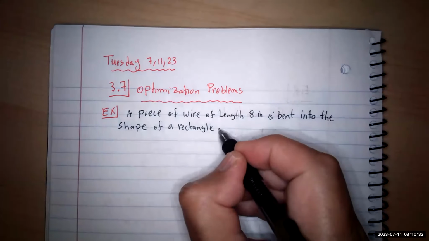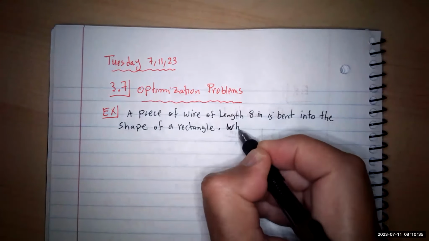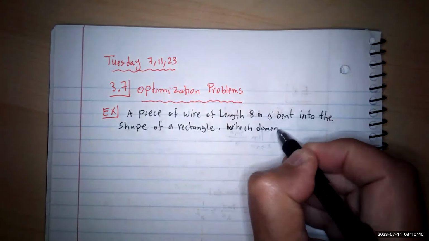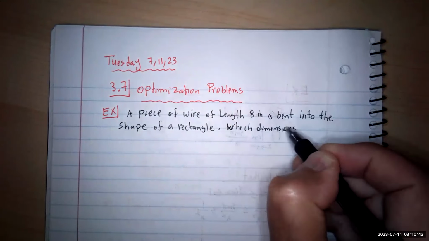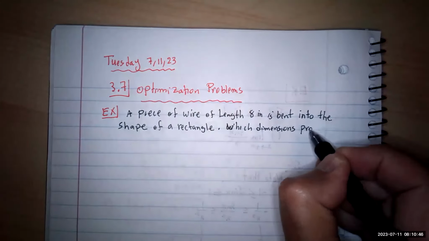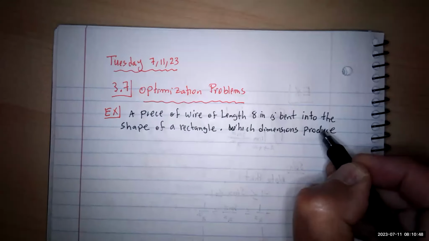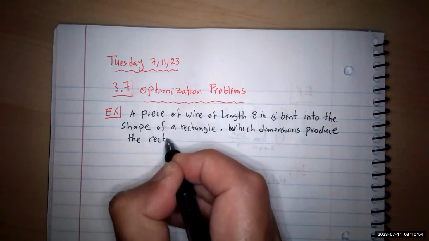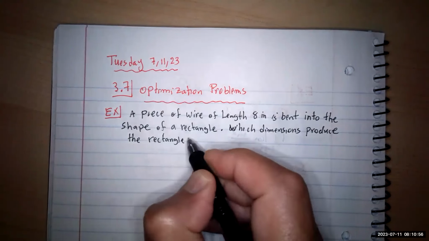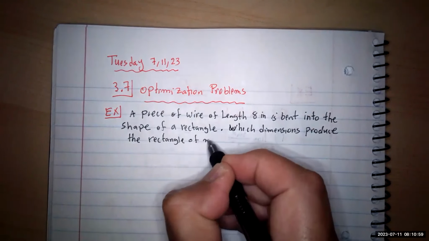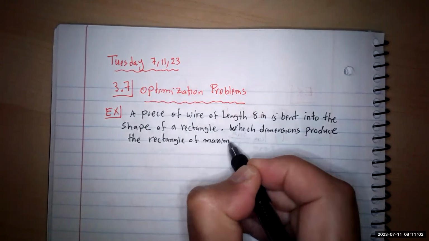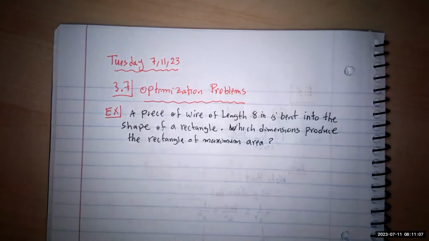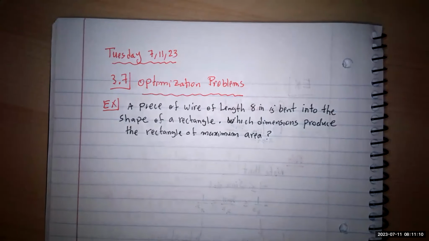What we'd like to know is which dimensions would give us the largest area, that is, which dimensions produce the rectangle of maximum area. That's basically one version of that famous problem.